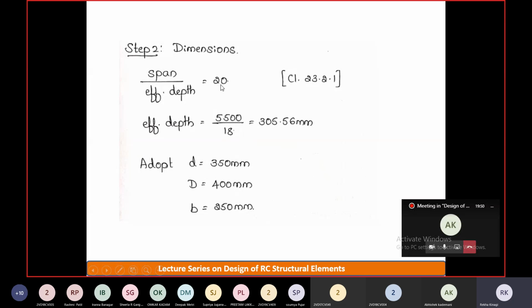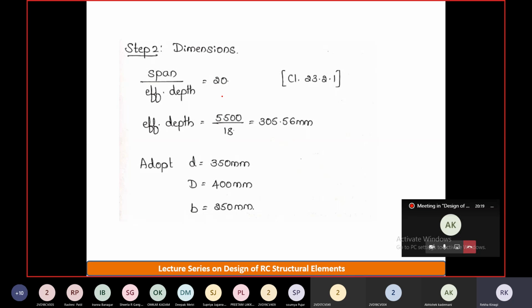But this is just a guideline, that is the span to effective depth ratio is to be taken as 20. This ratio can be varied from 12 to 20 as the live load varies. As the live load increases, this ratio is comparatively reduced so that we get a higher value of effective depth.